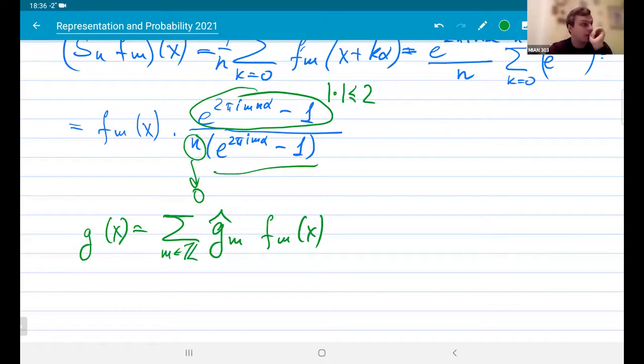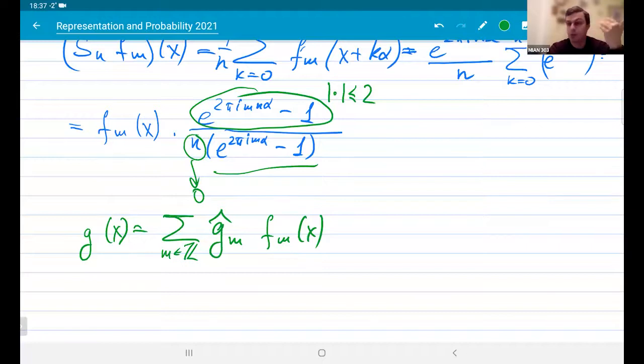Well, you know that for continuous functions, the Fourier series may not converge uniformly. It is possible that it does not converge uniformly to your function g. Nevertheless, the real proof is a bit more tricky.